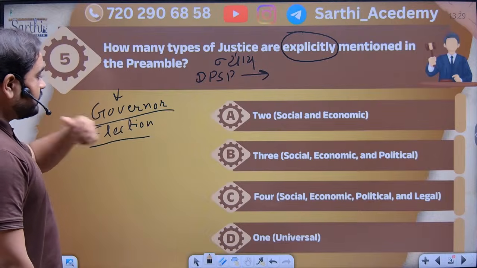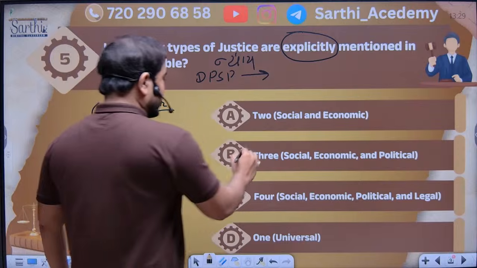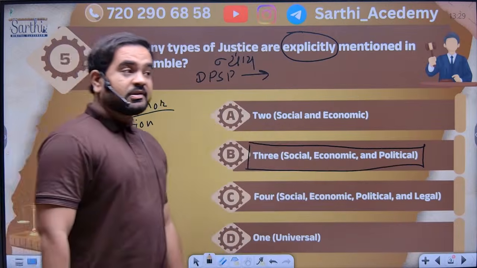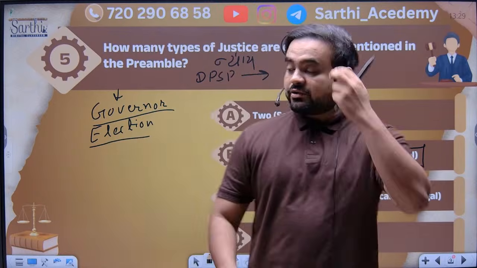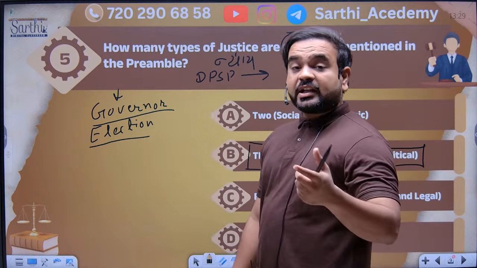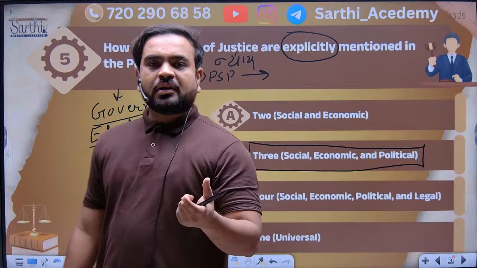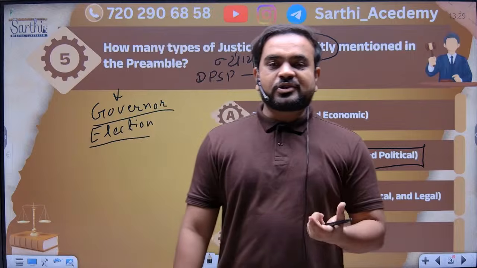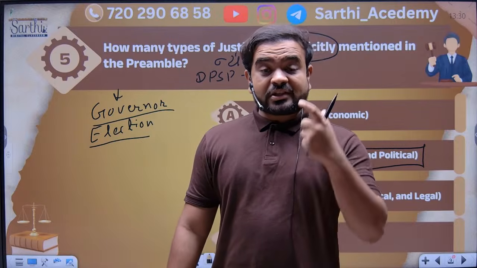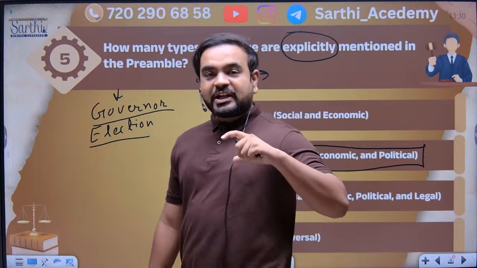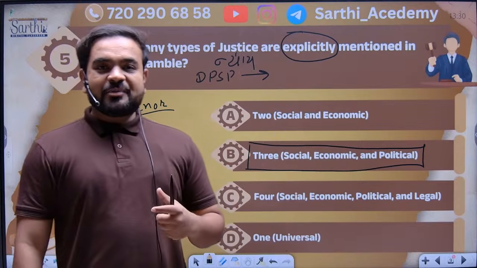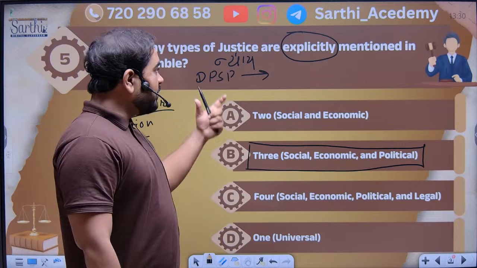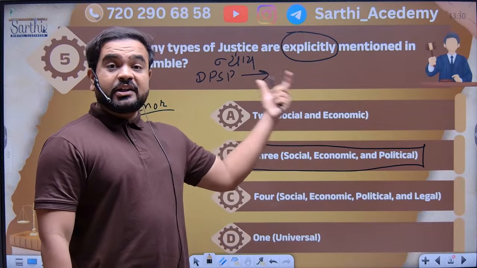Okay, so 3: social, economic, political. Yes, this is answer B. There are 3 types of justice written in the constitution. They also asked how many types of liberty, and how many types of equality. Even in the last Junior Pharmacist exam they asked how many types of equality and how many types of liberty there are in the preamble, and how many types of justice are written in our preamble.